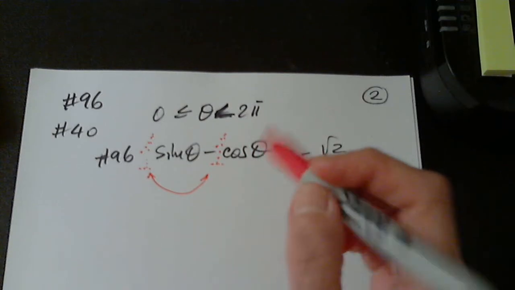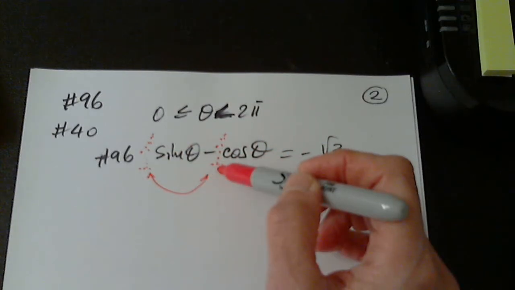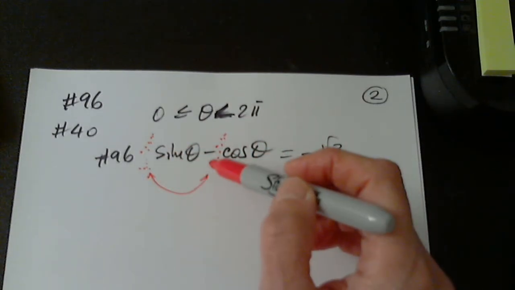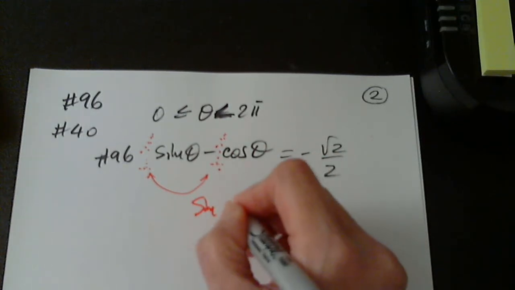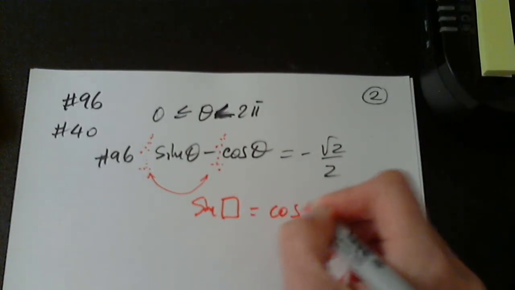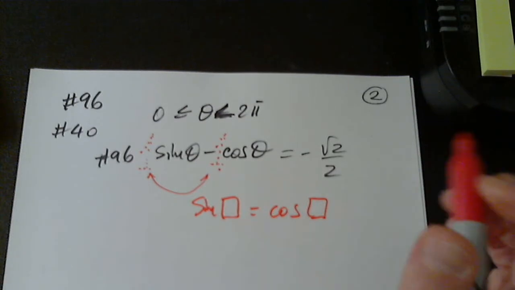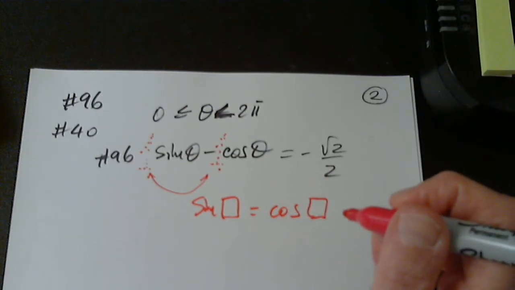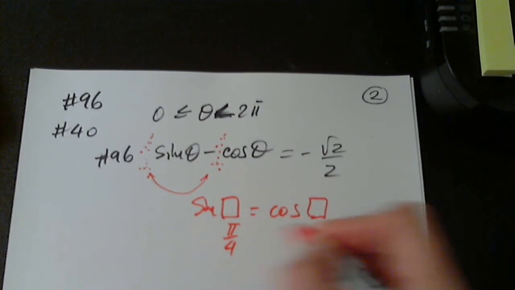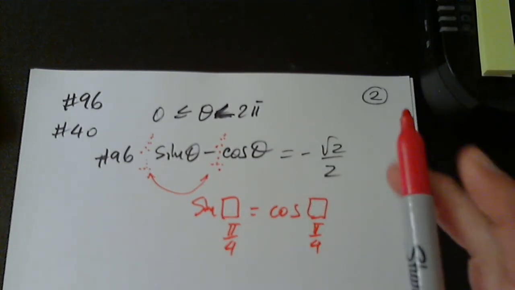Well, what angle has the same sine and cosine? There is only one angle that has sine of that angle equals cosine of that angle. There is only one. Which one? Pi over 4. Pi over 4, indeed.